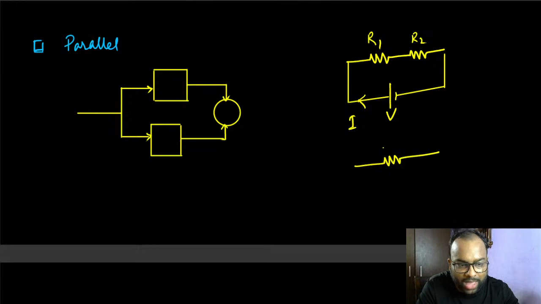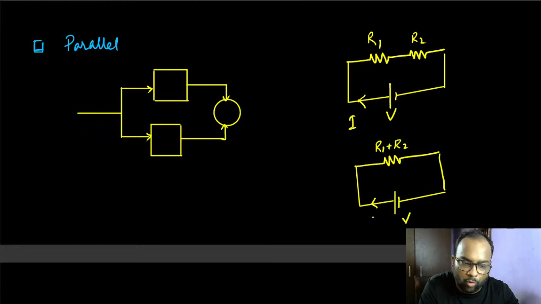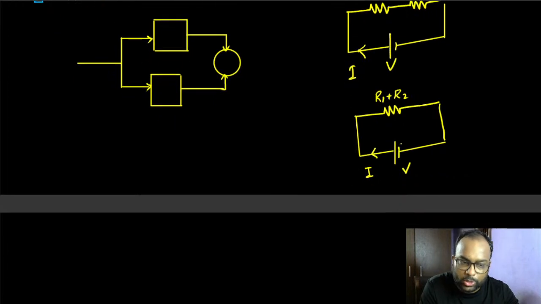It is equivalent to having a resistor R1 plus R2. The thing has changed actually, but if the voltage source is still producing V voltage, it will still be delivering I amount of current. So as far as the voltage source is concerned, nothing has changed.